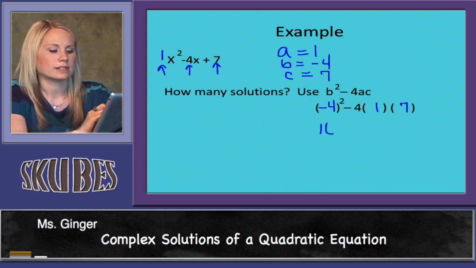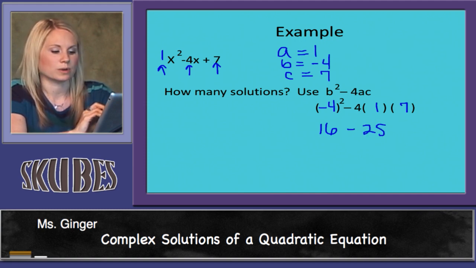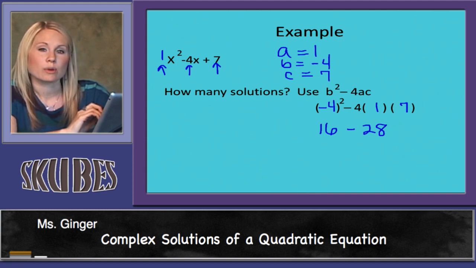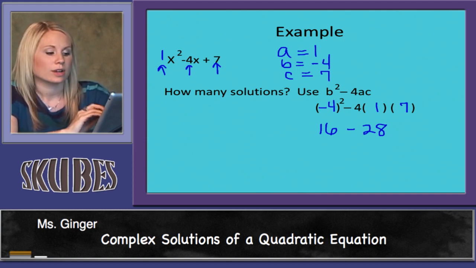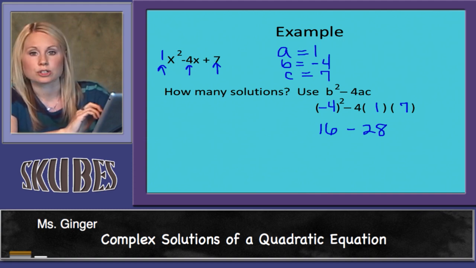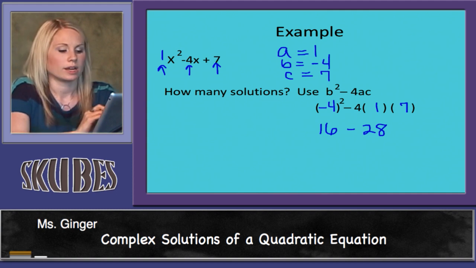Negative 4 squared is 16, minus 4 times 1 times 7, the product of 28. I can see right now that we're going to have a negative number, since a smaller number minus a larger number gives a negative. In fact, it's going to be negative 12.